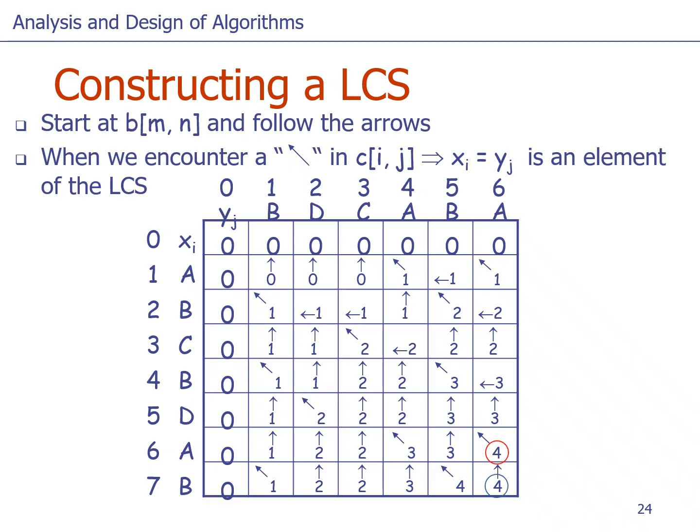I have highlighted these in red here, and you can see that whenever there's a diagonal arrow, the number is actually increasing, and that will be my match whenever I added a 1. So if you'd like to start from the beginning, it's going to be B, and then a C, and then a B, and then an A. And that's exactly what we found when we looked at the strings at the beginning of this exercise.